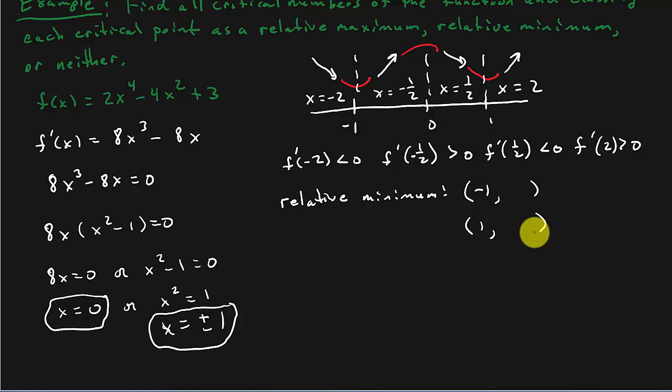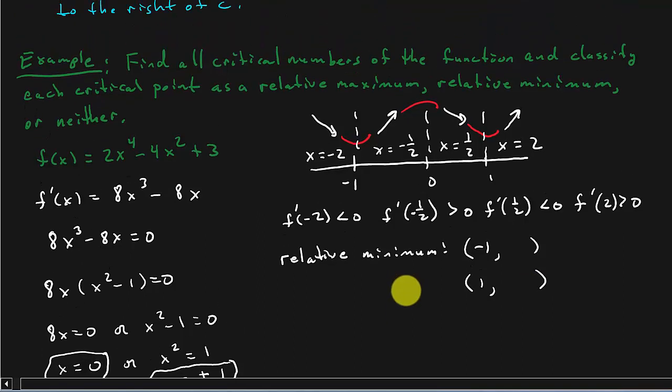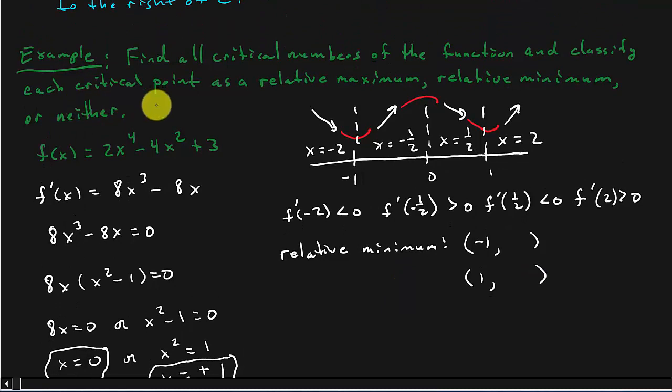Now, notice we found our critical numbers, and it says to classify each critical point. A point contains an x coordinate and a y coordinate. So if I've got the x coordinates -1 and 1 for my relative minimum, what do I need?